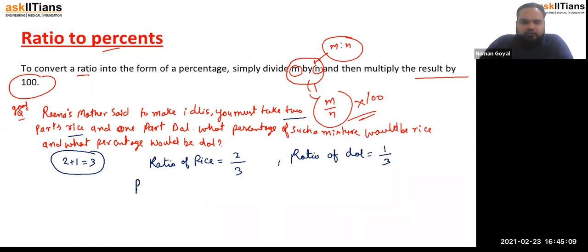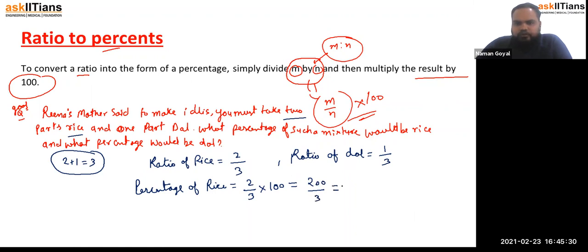Now if I'm asking for the percentage of rice, that fraction we multiply by 100, right? If you solve this, you will get 200 upon 3, which gives 66 2/3%.